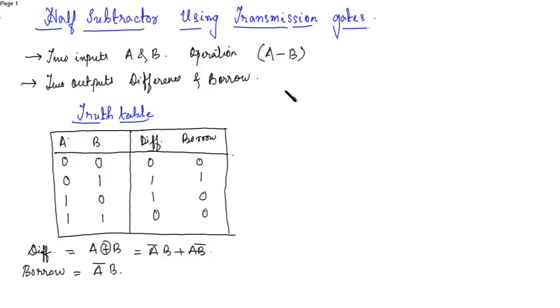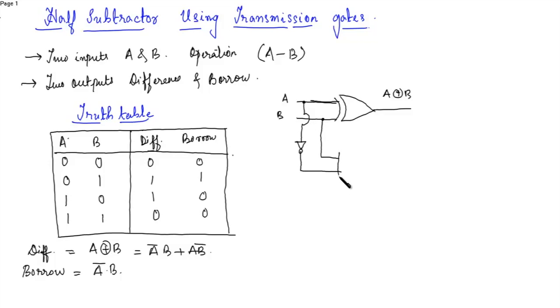So if you try to represent this at gate level, this is A, this is B. So the output is A XOR B. When we say A bar B, then it's like this, A bar B. So this is your difference, this is your borrow.